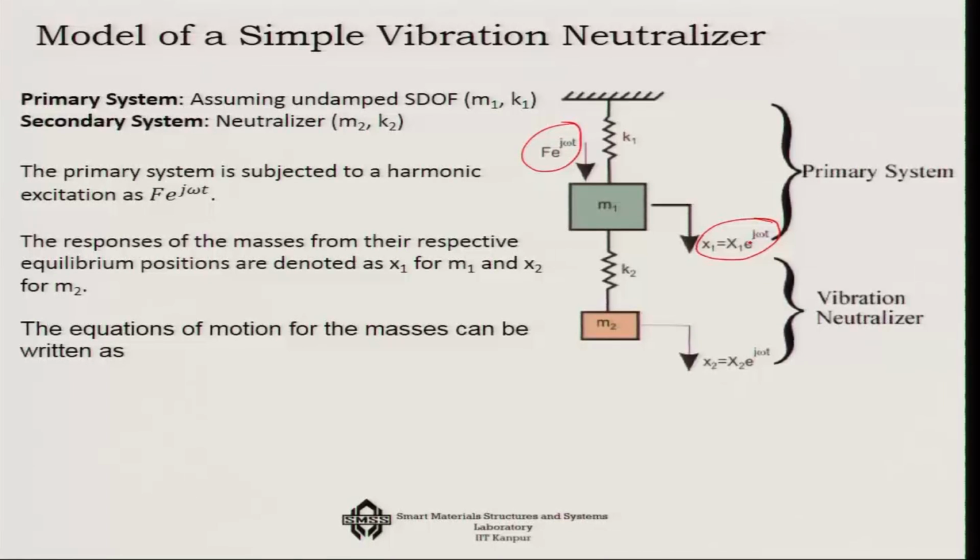In the secondary system, we have added a spring and a mass, and its response x2 is capital X2 times e raised to the power j omega t. So, a harmonic excitation is creating harmonic response in two places: the primary mass and the secondary mass.